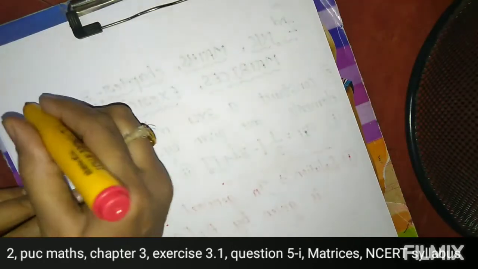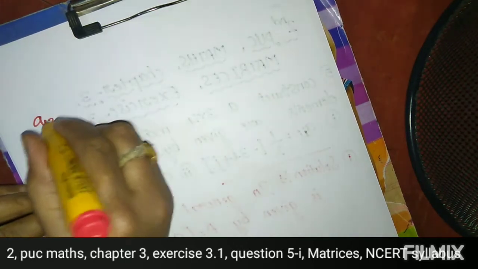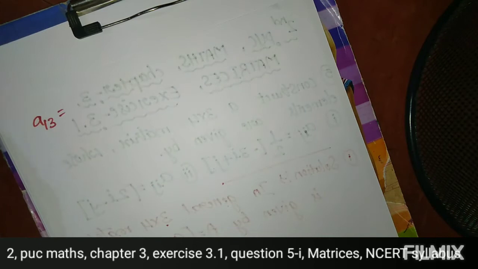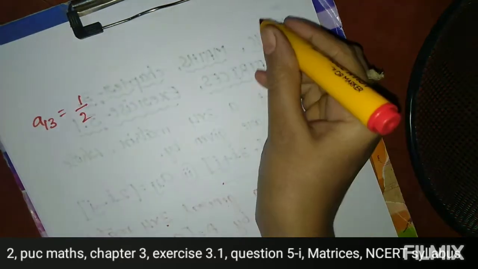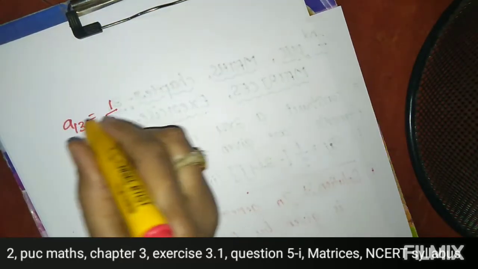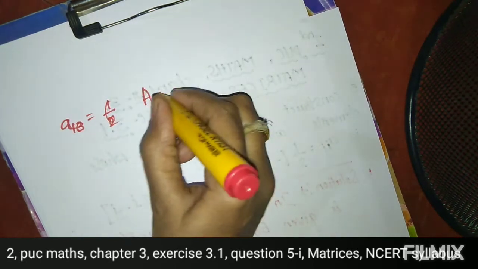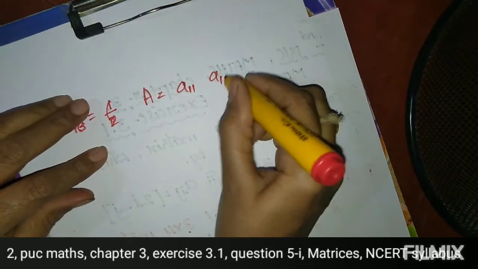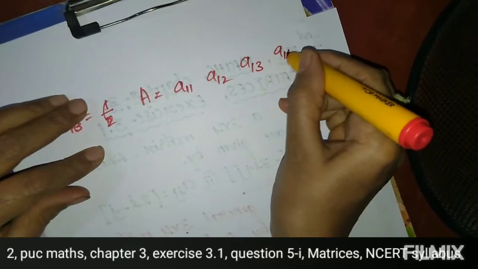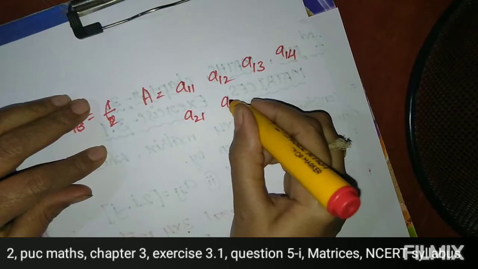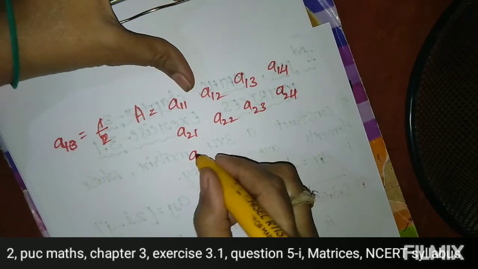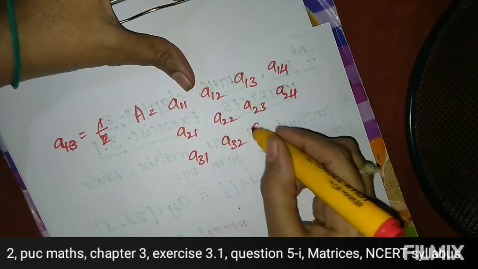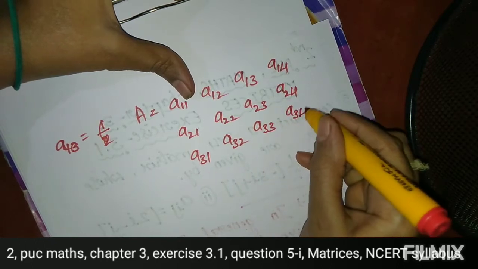And then A13. First we write here A as A11, A12, A13, A14, and then A21, A22, A23, A24, and then A31, A32, A33 and then A34.